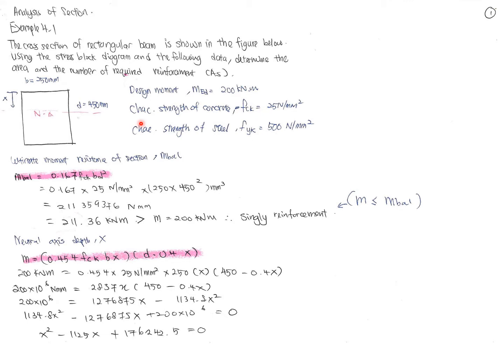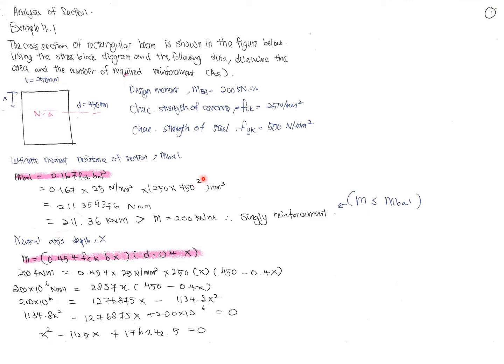First we need to calculate the ultimate moment resistance of the section, which is M balance. M balance is equal to 0.167 fck b d squared. So you put in the value of 0.167 times 25 Newton per millimeter square for the fck, and b is 250 and d is 450, and this is 450 to the power of 2.